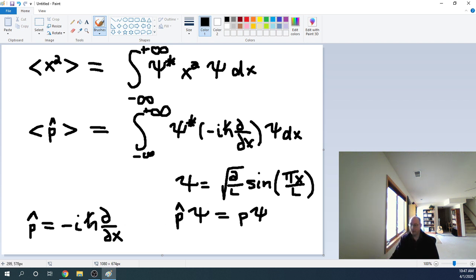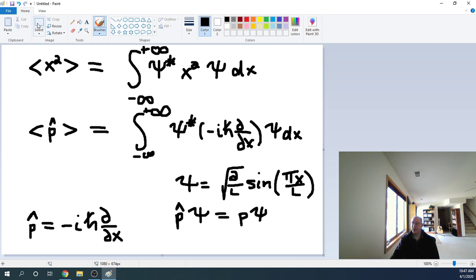If you operate on a function and what you get back is equal to some constant, now p here represents a number, not an operation, times the original function back, then that function must be an eigenfunction. And the value that you get out is the eigenvalue associated with that eigenfunction that makes this true.